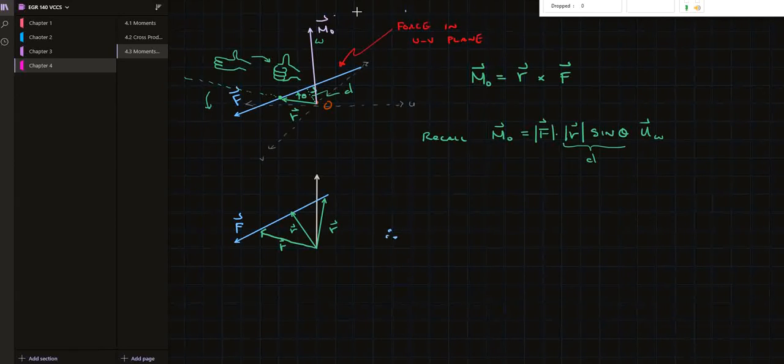So the moment about O equals R1 cross F, and equals exactly R2 cross F equals R3 cross F. And we just got to make sure we follow our right hand rule convention.